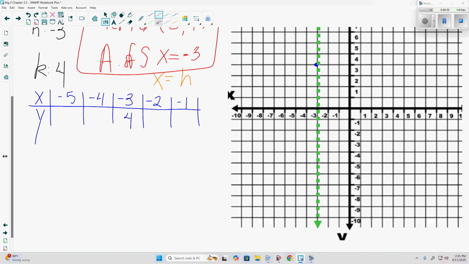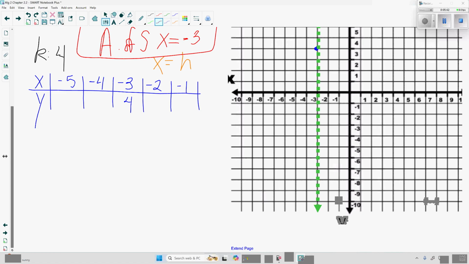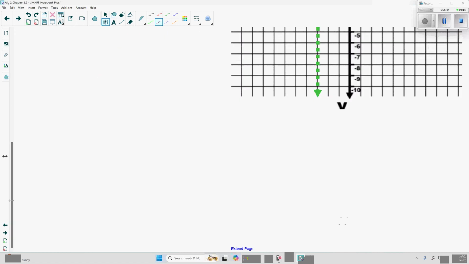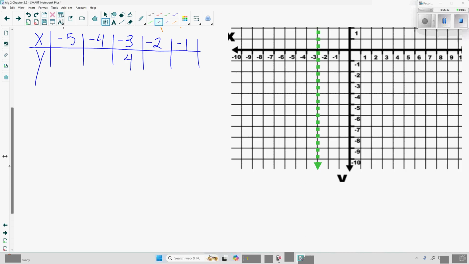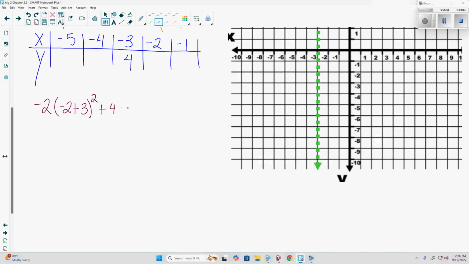Now at this point here, I'm just going to plug these x values into the equation to find its corresponding value of y. So we can start with -2. So we take the equation -2, replace x with -2, plus 3 squared plus 4. So we're plugging -2 into the function to find what it equals.